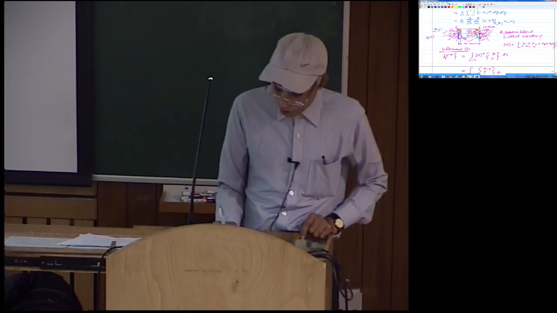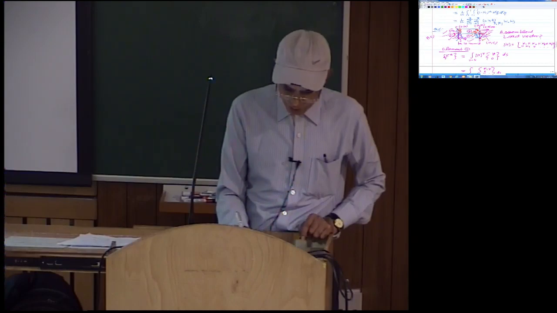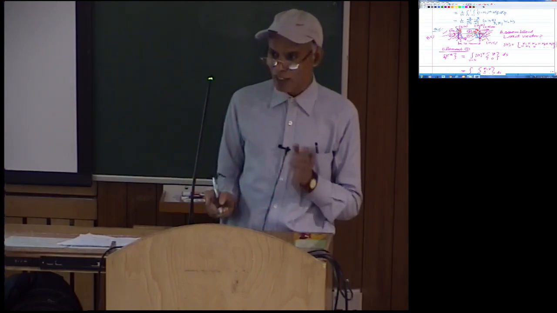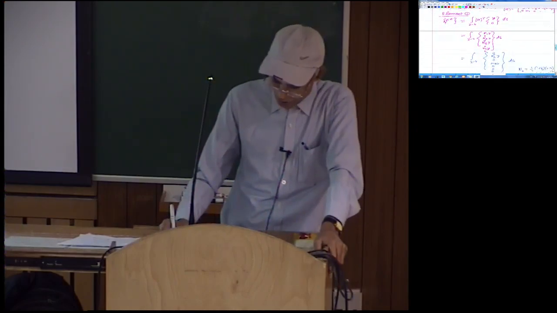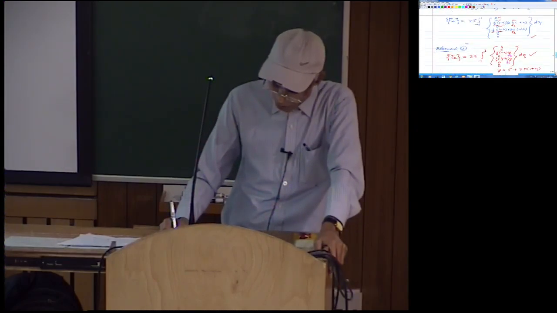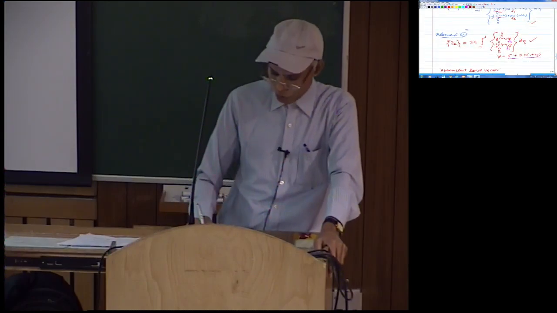The coordinates of this node are 10, comma 5. The coordinates of this node are 10, comma 10. The coordinates of this are 0, comma 10. So when you write your y as N1 y1 plus N2 y2 plus N3 y3 plus N4 y4, your y for the second element will come out as actually this, and that has to go in here.